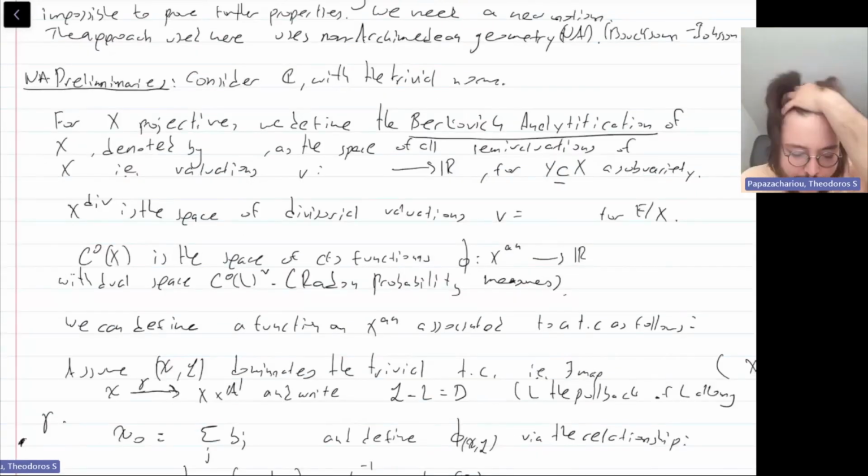I'm not going to really explain what a non-Archimedean field is. The only thing you need to know is that I'm working over the complex numbers, and I'm taking what is called the trivial norm, which essentially gives me a non-Archimedean field.